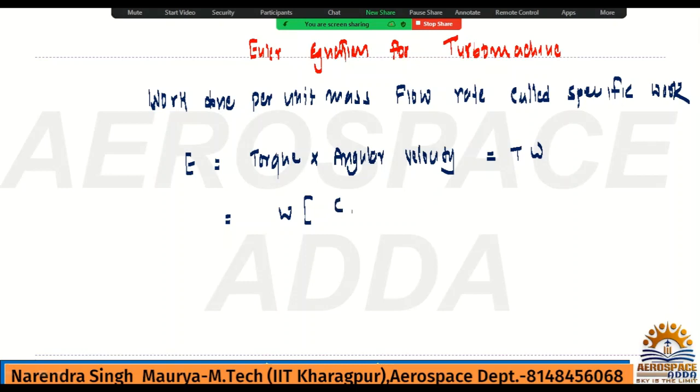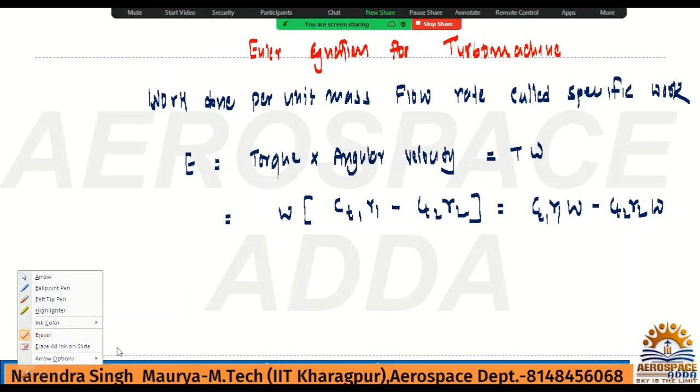So torque is nothing but CT1 R1 minus CT2 R2. So if you take this, it will be CT1 R1 W minus CT2 R2 W. So this is nothing but E.